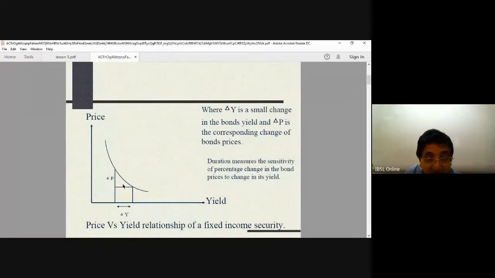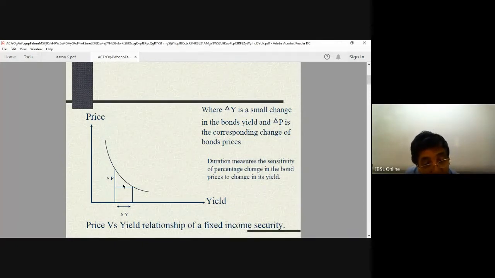I think you should make it a point that what I want to tell you is this: the duration measure is reliable only when the yield changes are small. Small in the sense, there's no hard and fast rule to say that small is less than 150, but in practice, we assume that if a yield change is less than 150 basis points, then we can consider it a small yield change.